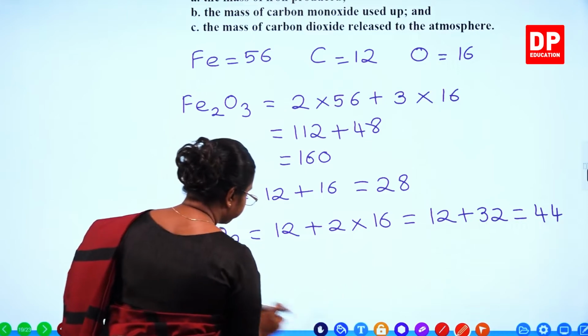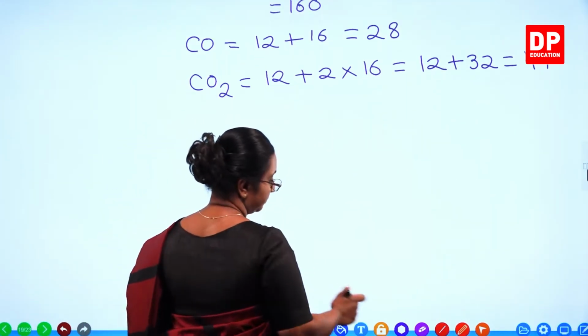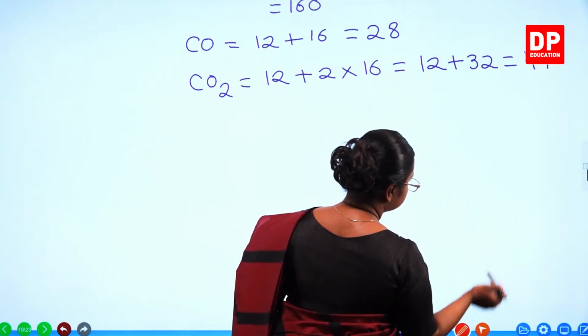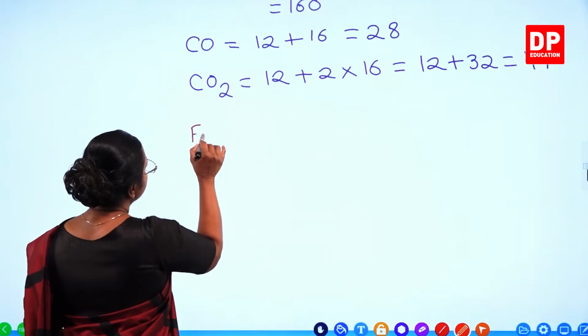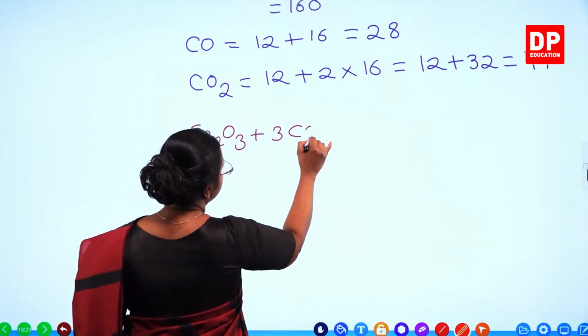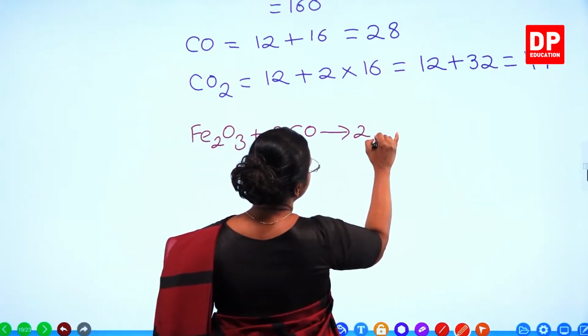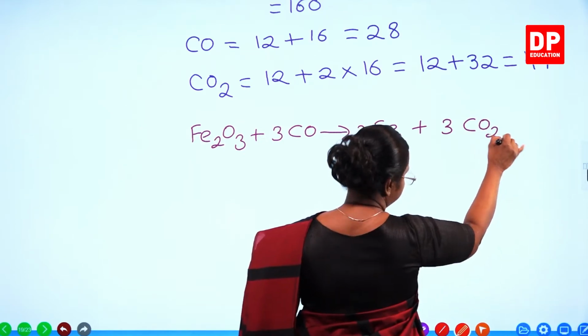Then, if we use the equation, you all are familiar with the equation: Fe2O3 plus 3 carbon monoxide gives rise to 2 iron plus 3 CO2.